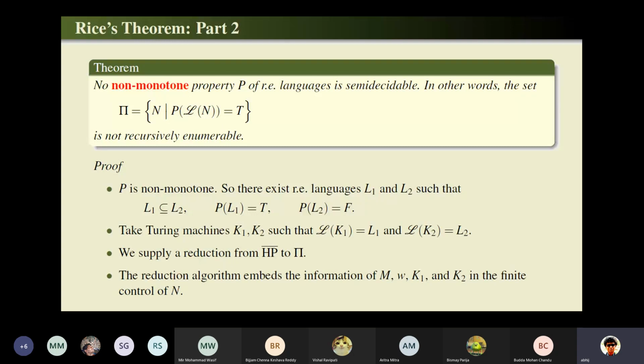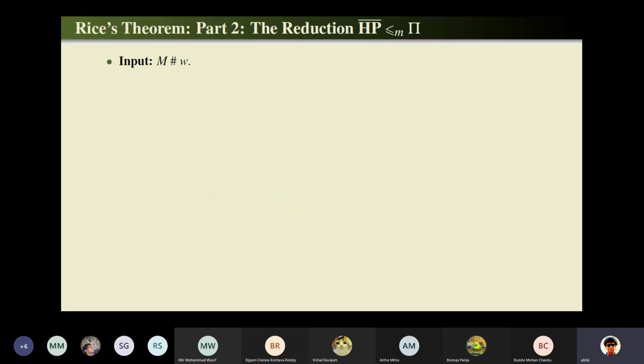All this information can be stored in the finite control of the machine N, independent of the input for N. Remembering K1 and K2 in finite control means keeping all the transitions of M, K1, and K2, and using these transitions appropriately. So this is the reduction algorithm.